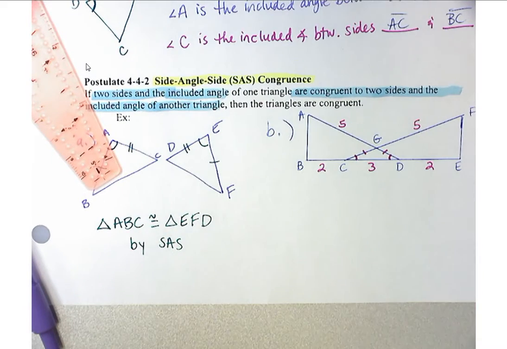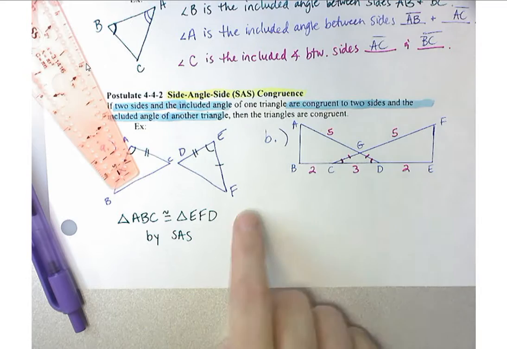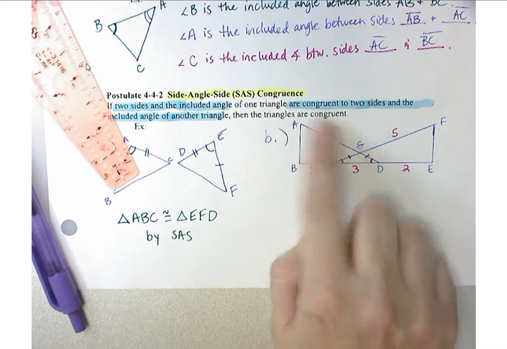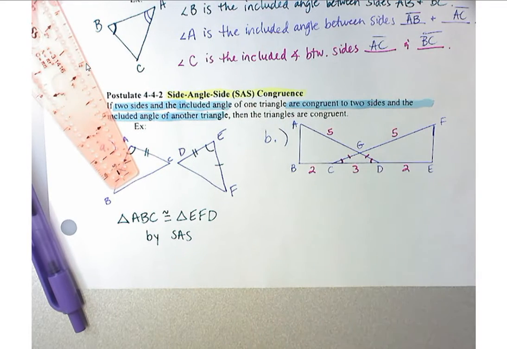Okay, so what we want to do is prove that these two triangles, ABD and FCE, are congruent to each other. So whenever you have two triangles that crisscross, I think it's helpful to redraw them separately.